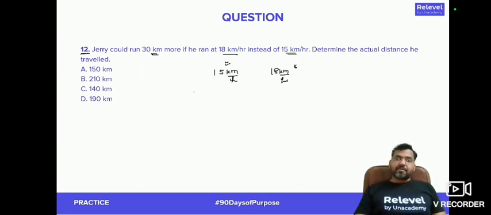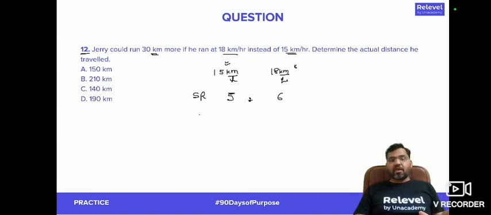Now, the speed ratio between these two speeds given to me is 5 ratio 6. That's the speed ratio, right?